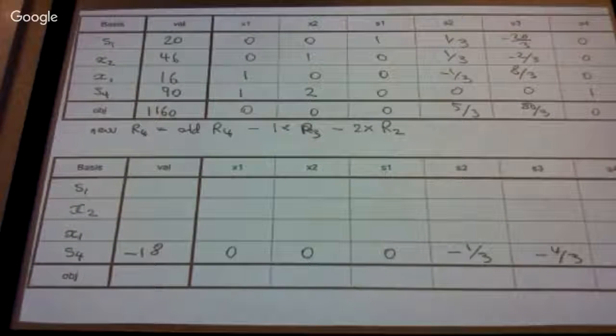Hope that's correct. Looks all right. The rest of the tableau stays the same. So now, what's the problem with it? Negative, yeah, negative 18.